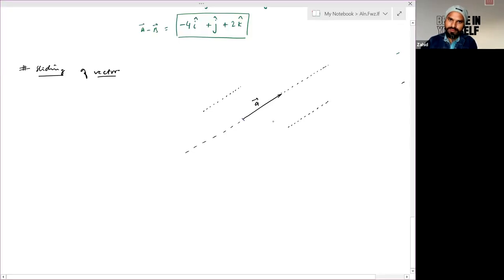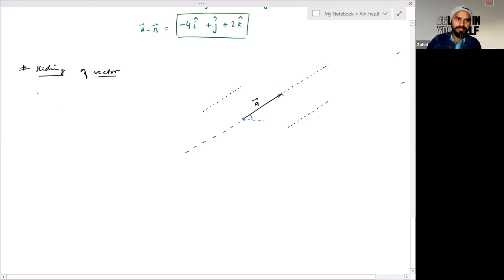Length from this point to this point is constant, and its inclination with respect to x-axis, that is theta, is constant. So we may slide any vector to any of these four different positions.